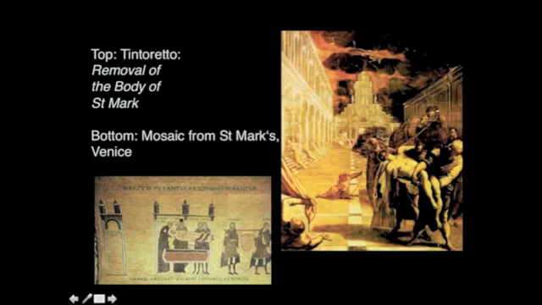So this is the removal of the body of St. Mark. And this painting is quite fabulous. This is Mannerist space at its best. Look at the disequilibrium between the left side of the painting and the right side of the painting. The left side of the painting seems to be pushing so far forward toward you that it's almost bursting through the picture plane.